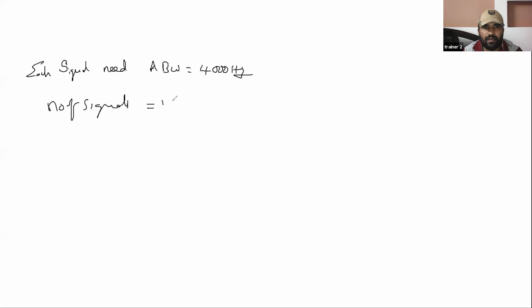The parameters given in the question are: each signal needs a bandwidth of 4000 hertz and the number of signals is 10.